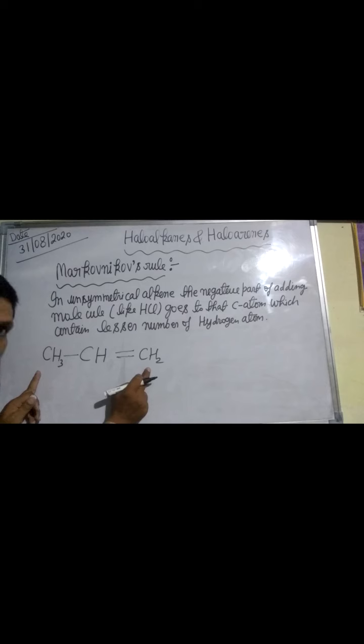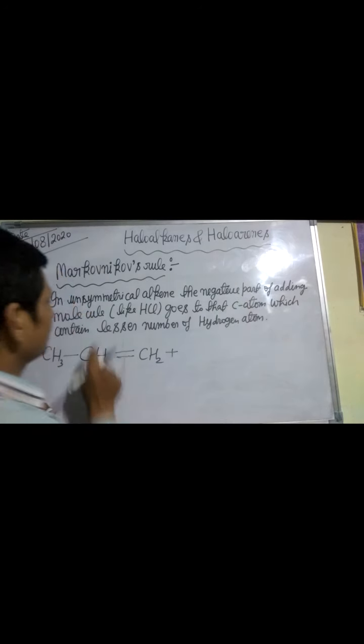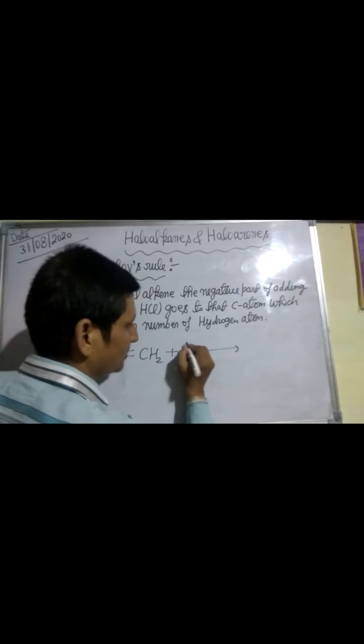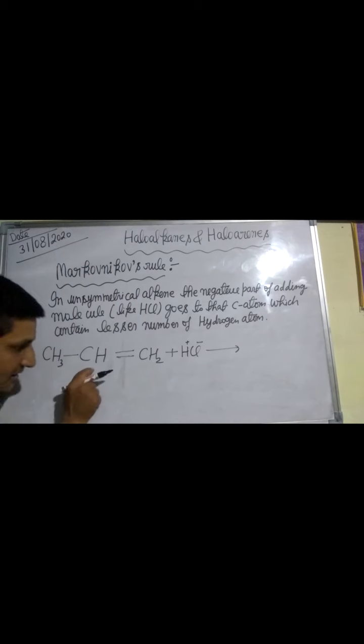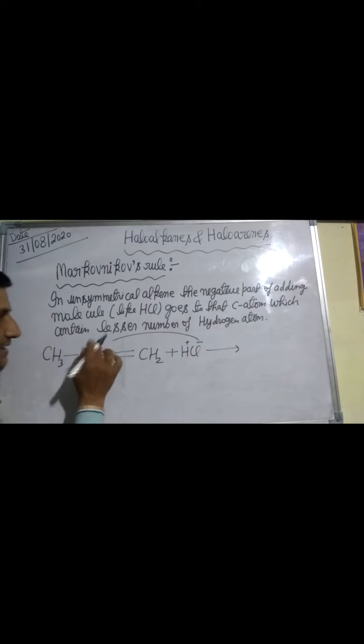In unsymmetrical alkene like propene, the negative part of the adding molecule like HCl, this is the positive part, this is the negative part, goes to that carbon atom which contains the lesser number of hydrogen atoms. This carbon atom contains only one hydrogen, the lesser number of hydrogen. So this Cl attaches to this carbon.